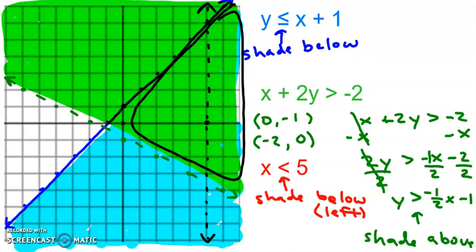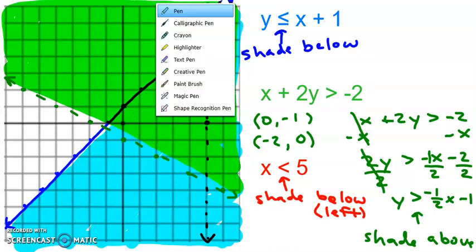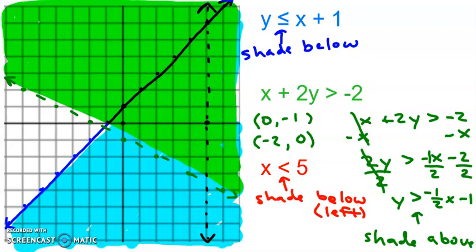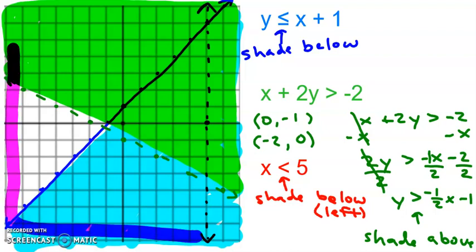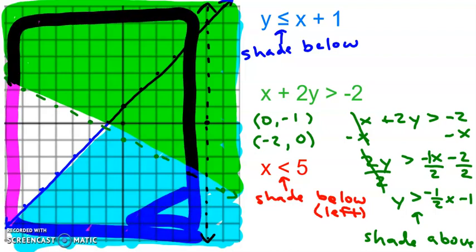Now we have to consider our last inequality. I don't have red, so we'll do it in purple. We said shade below or to the left. That's going to be all of this here.